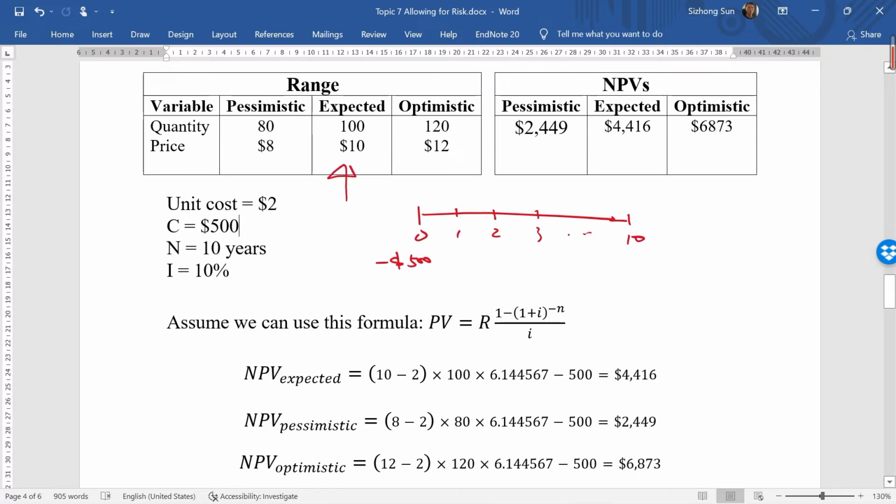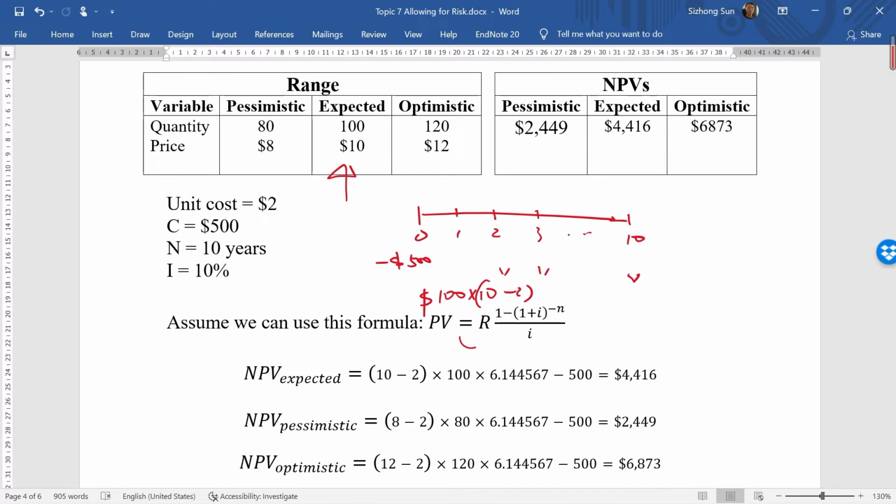The output is 100, the price is $10, and for each unit there's a $2 cost. So this occurs from year 1, year 2, year 3 until year 10. So the cash flow pattern is simple.